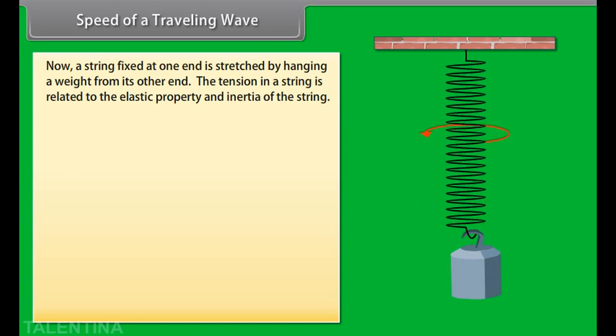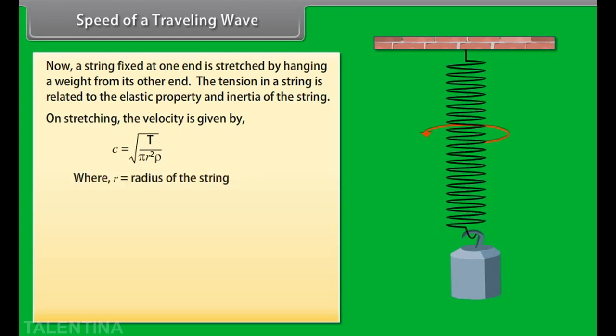The tension in a string is related to the elastic property and inertia of the string. On stretching, the velocity is given by C is equal to under root T upon pi r square rho. Here, r is equal to radius of the string. Rho is equal to density of the material.